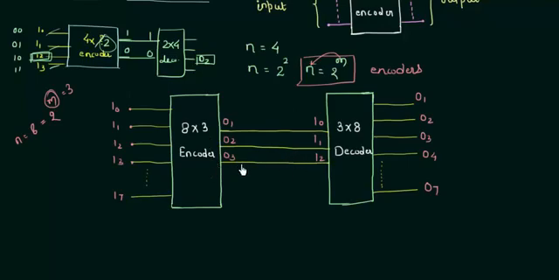The data has been encoded. Let's say I5 is high, and 5 in binary is 1 0 1, so this O1 will be 1, this O2 will be 0, and this O3 will be 1, and this information will be decoded at the other end, and again O5 will be high.